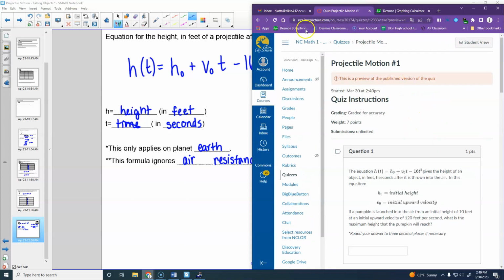Okay, I know which one we need to do first. We're going to do our maximum height first. Once we learn how to use this equation, Desmos is going to make this pretty simple because we don't have to do a lot of calculations. We just have to know where to look on our graph for our answers.